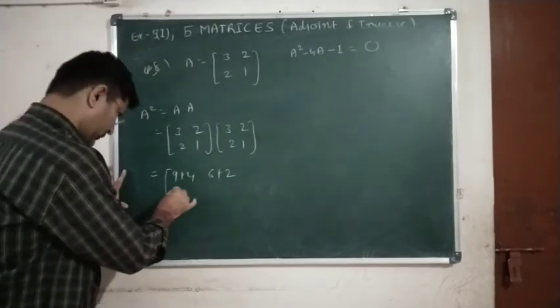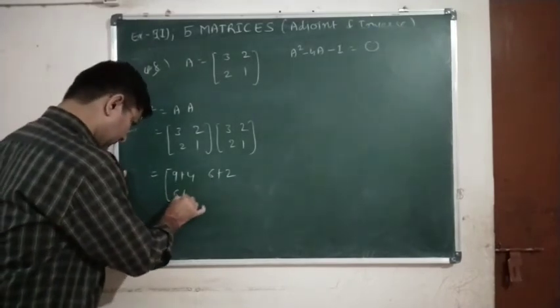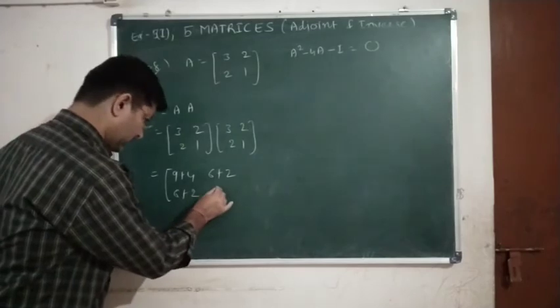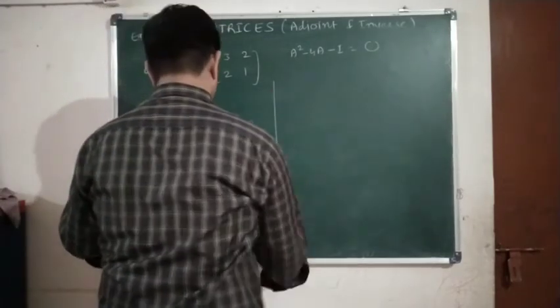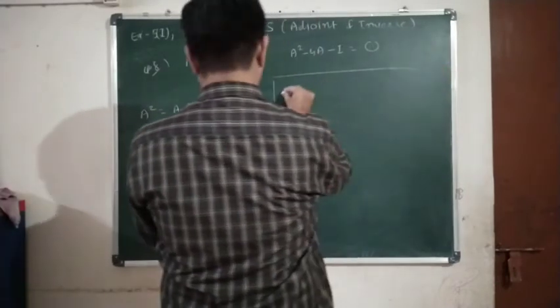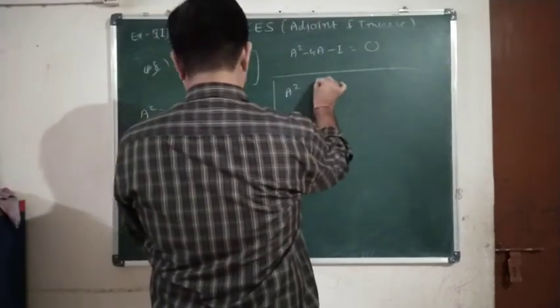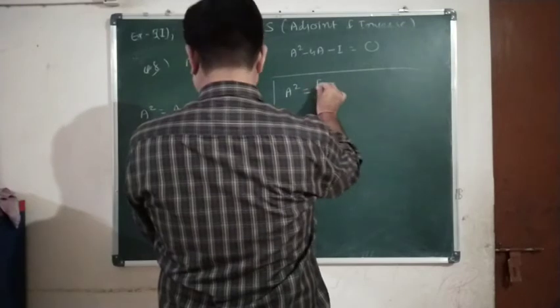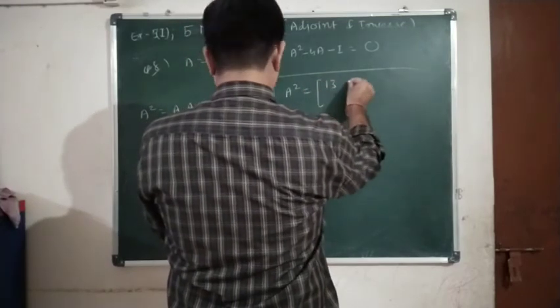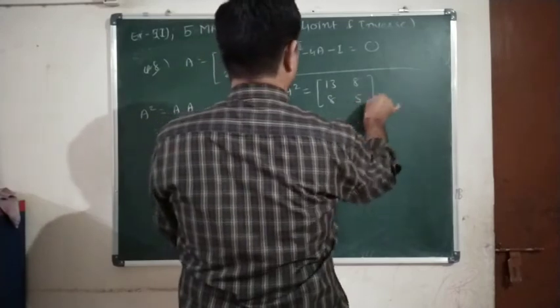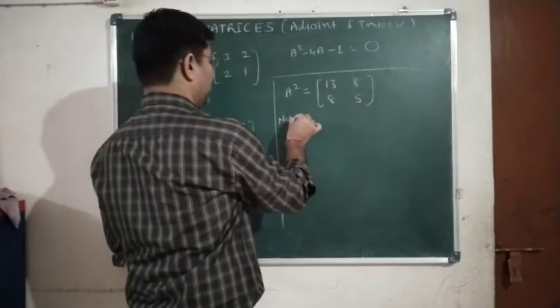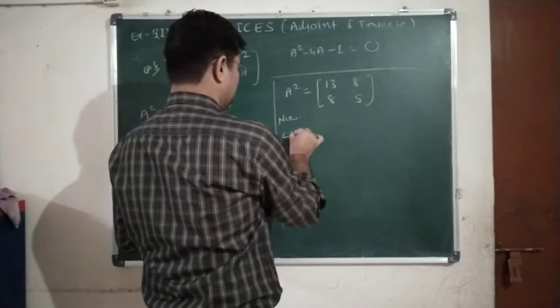Again second row into first column, 2 3s are 6 plus 1 2s are 2, 2 2s are 4 plus 1 1s are 1. So we got the value of A square to be 13, 8, 8, 5.